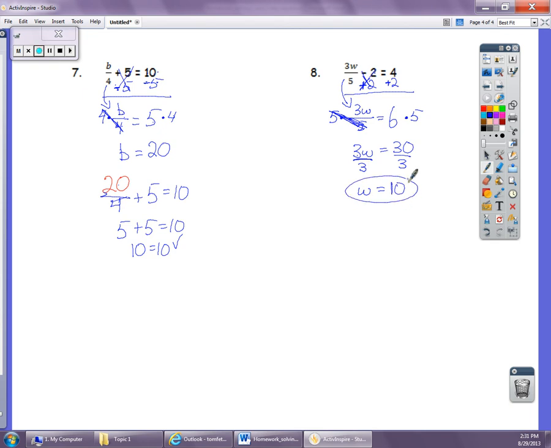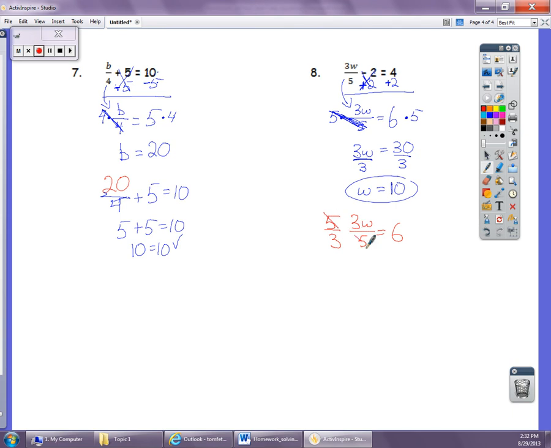Now another way to do that is I'll write it right down here in red. So we had 3w divided by 5 equals 6. And we could do this in one shorter step, because what we want to do is we want to take the reciprocal of 3/5. So we can take the reciprocal, which is 5/3.